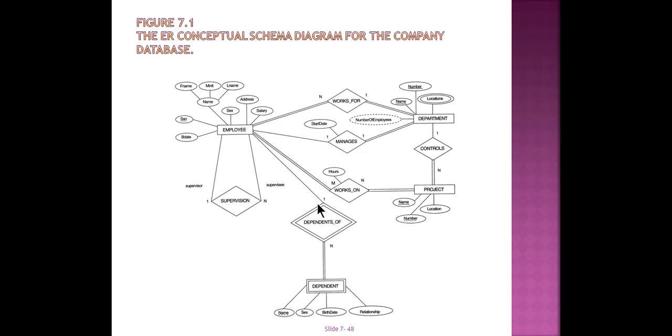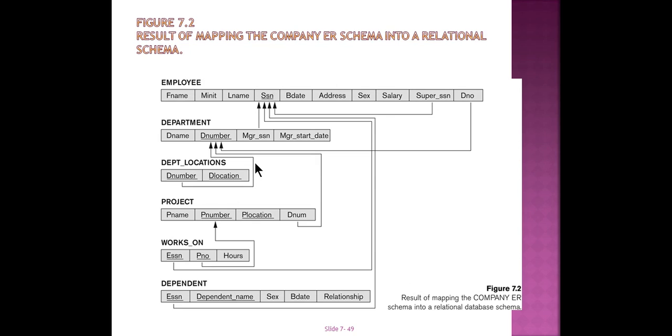So far we have created employee table, department table, project table and dependent table, right? You can see here employee table, department table, project table, dependent table. In the dependent table you can see SSN and name of the dependent combinedly form the primary key of the weak entity set.